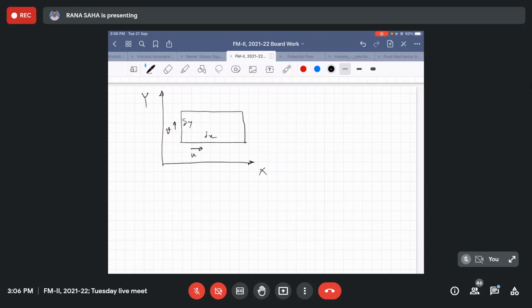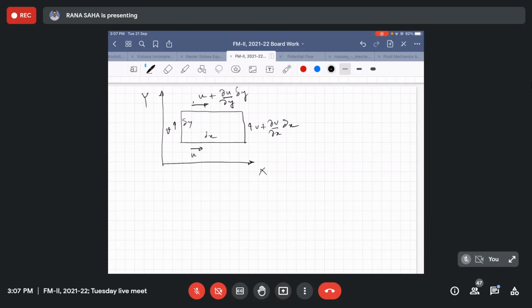The other respective sides may have the velocity v plus the gradient in x direction of v, which is del v del x and delta x. And on the other side, parallel to the x-axis, you can write the velocity which will be u plus del u del y, that is in the y direction. You have this gradient, and the change in length is delta y.